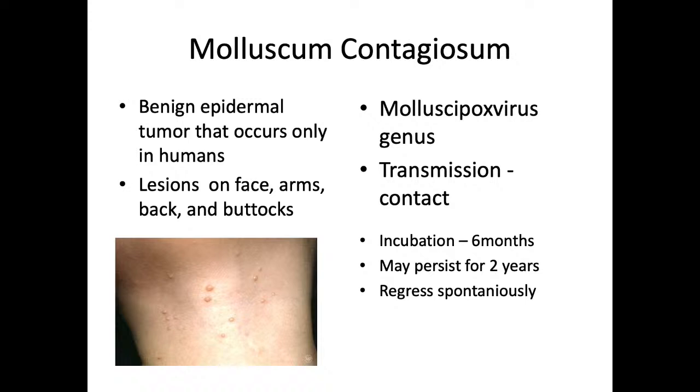It is transmitted through skin-to-skin contact, direct contact, also through sexual intercourse, and we see these skin lesions on face, arms, in different parts of the body. The incubation period is long, 6 months. The virus infects epithelial cells and can lead to growth of epithelial cells and formation of the warts.